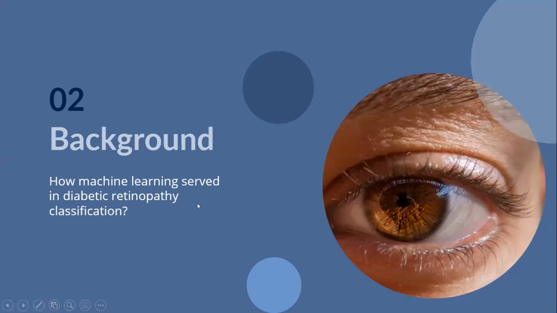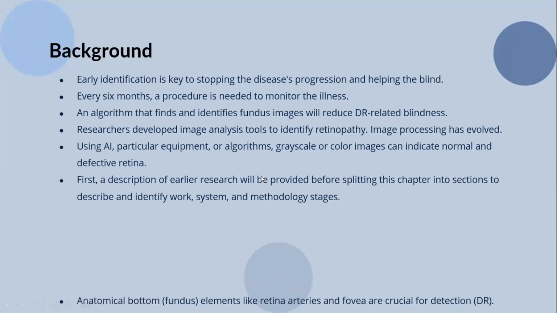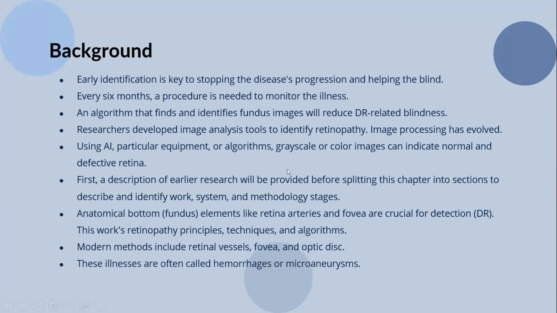Background: how machine learning served in diabetic retinopathy classification. Early identification is key to stopping the disease progression and helping the blind. Every 6 months, a procedure is needed to monitor the illnesses.